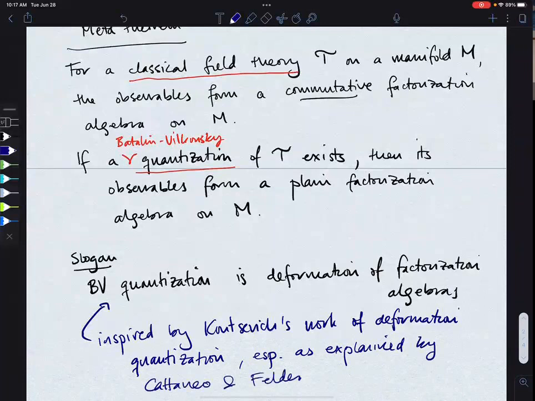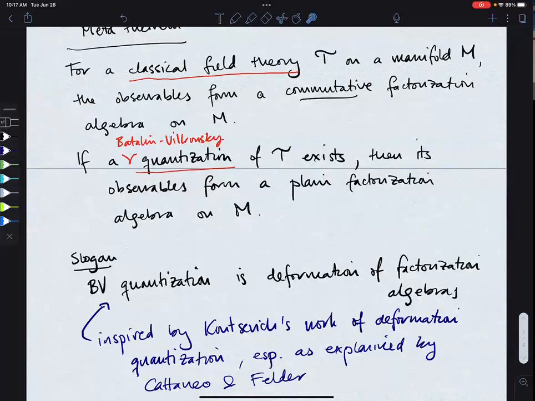So Cattaneo and Felder explained how to see Kontsevich's work as a Batalin-Vilkovisky quantization of a sort of two-dimensional field theory. And if you take their work and plug it into this setting, say the setting that Kevin Costello and I developed, that is what they did.